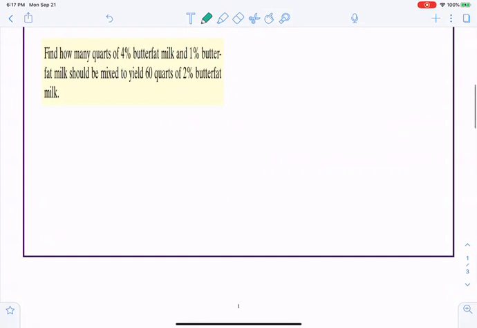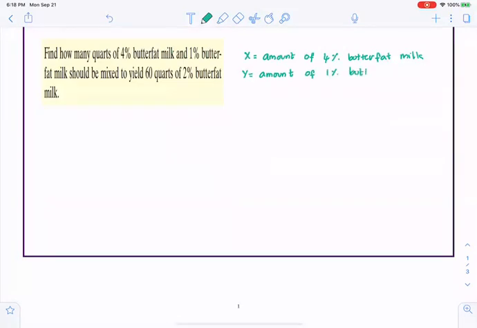So let x be the amount of 4% butterfat milk, and going along the same lines, I could define y to be the amount of 1% butterfat milk.